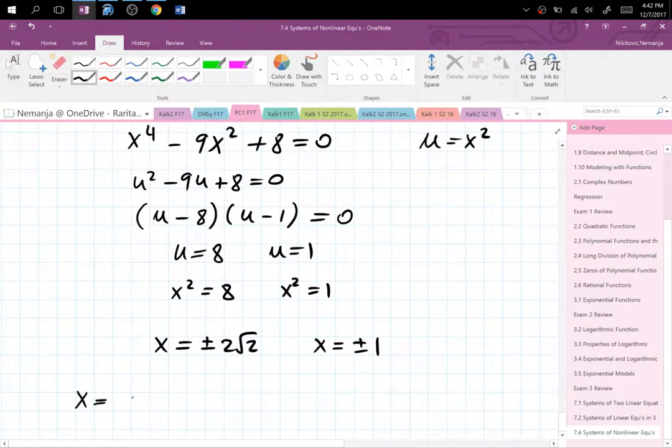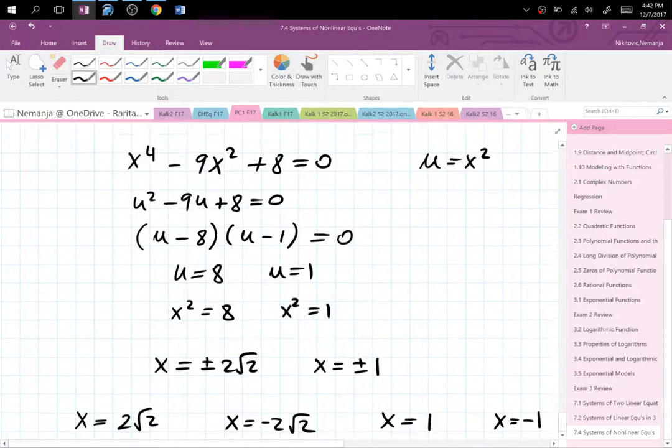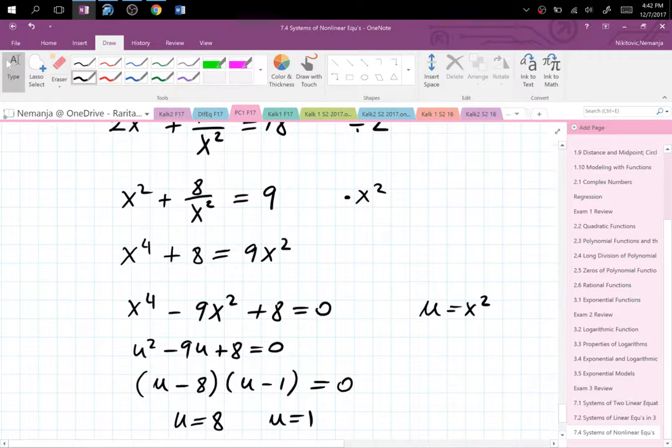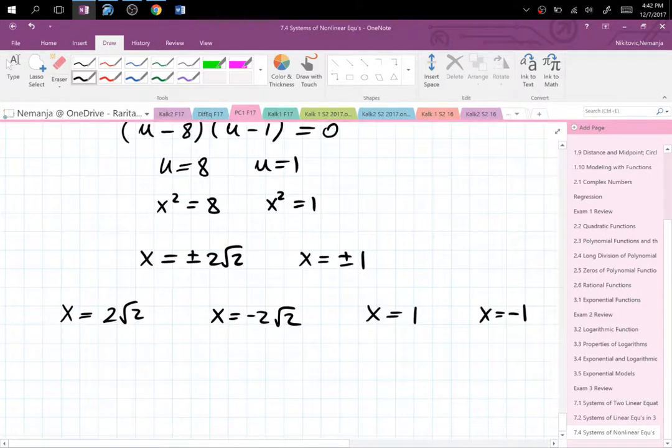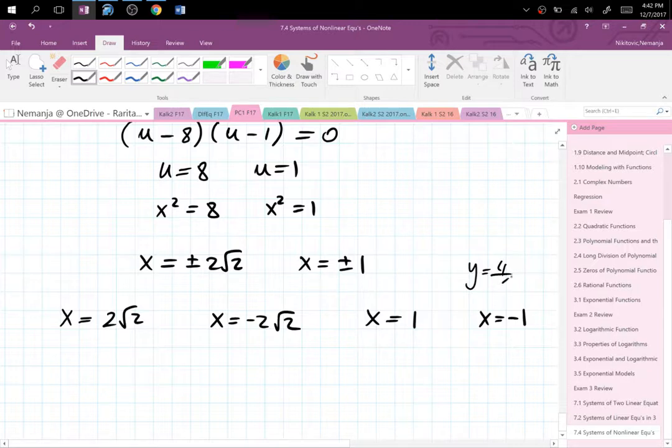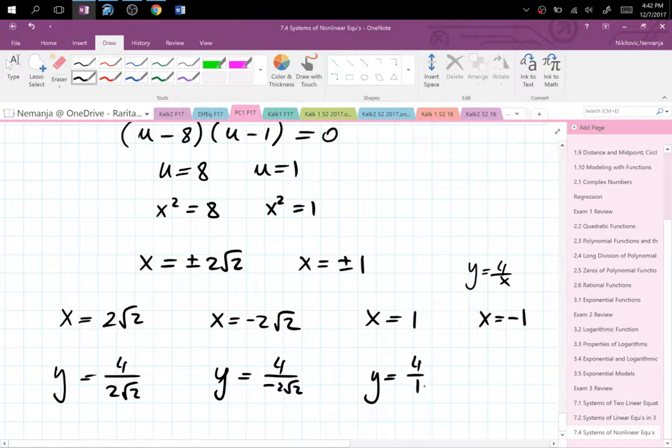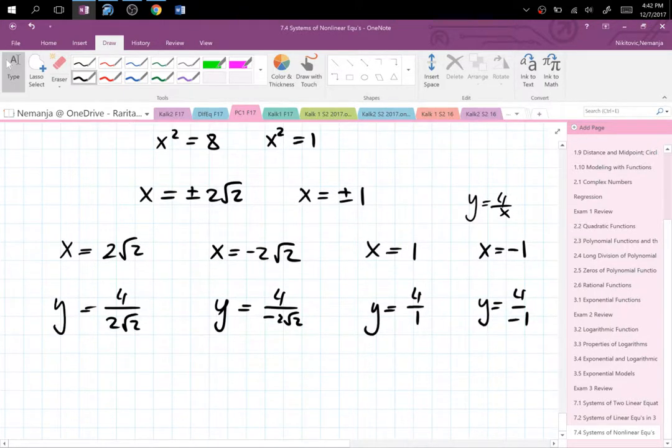All right, so I have x equals 2 root 2, x equals negative 2 root 2, x equals 1, and x equals negative 1. And we also have the substitution equation, y equals 4 over x. So now, y equals 4 over 2 root 2, y equals 4 over negative 2 root 2, y equals 4 over 1, and y equals 4 over negative 1. 2 and 4 will cancel, get 2 on top.